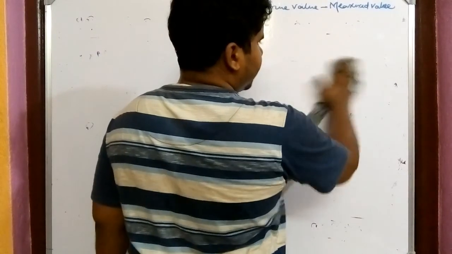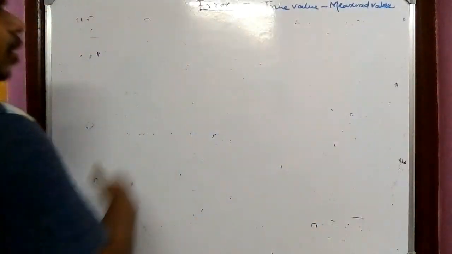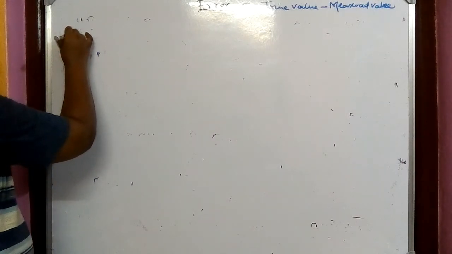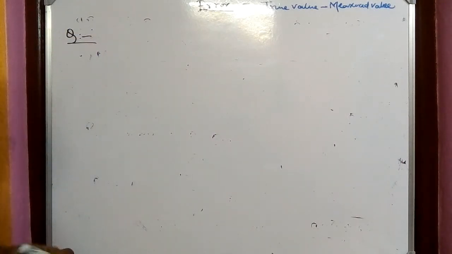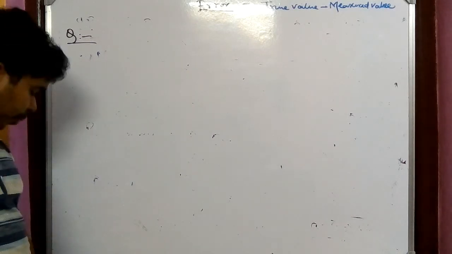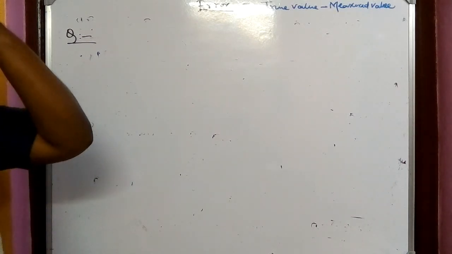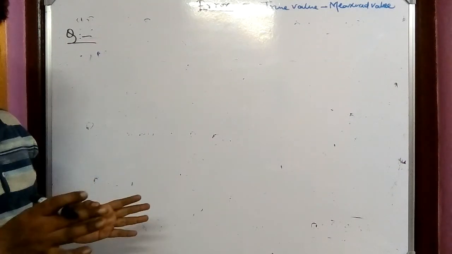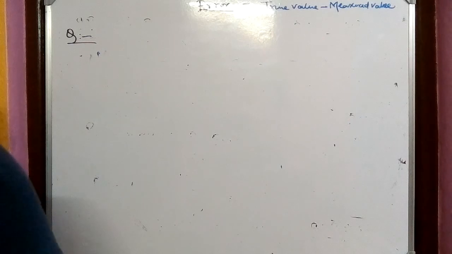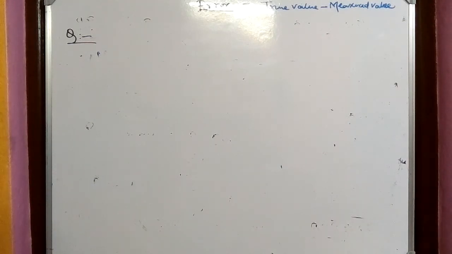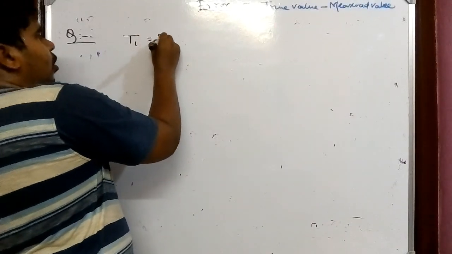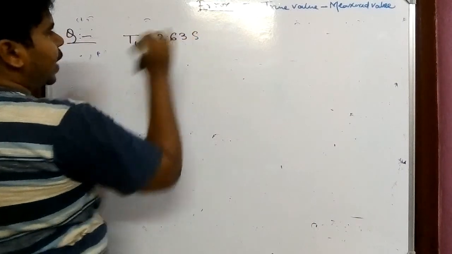So here you have done the measurement of the time period, and whenever you have to measure the time period, definitely you have to measure it several times. Okay, not like you have taken one time and you have told it is right. No. Okay, so what measurements have we seen? Let's see. The first value is T1 equals 2.63 second.